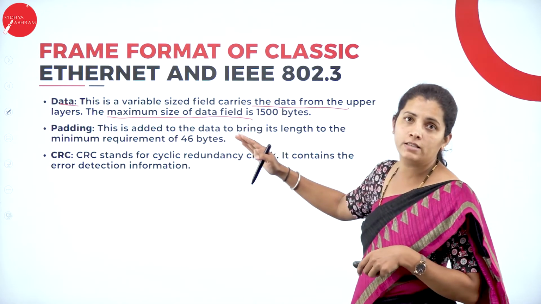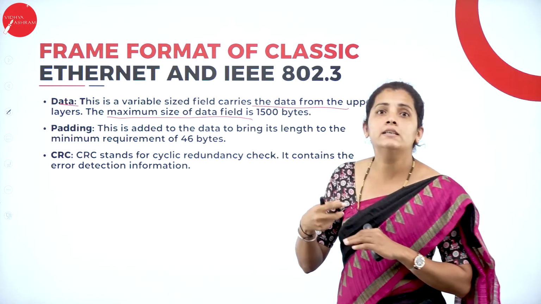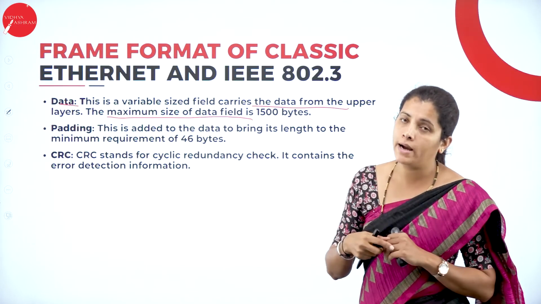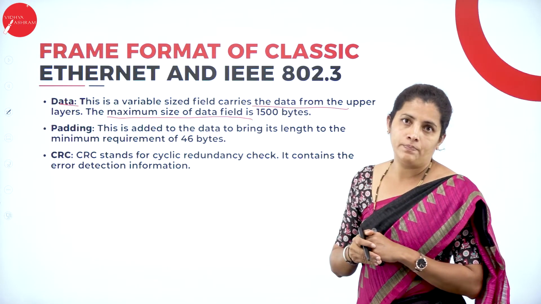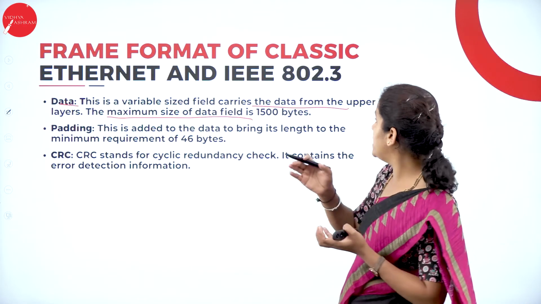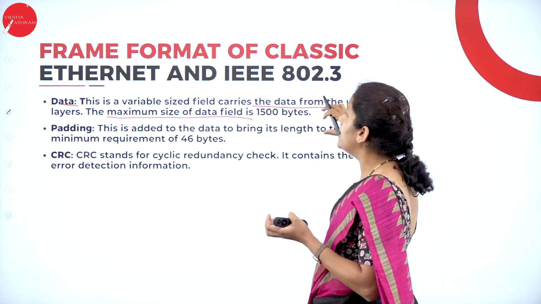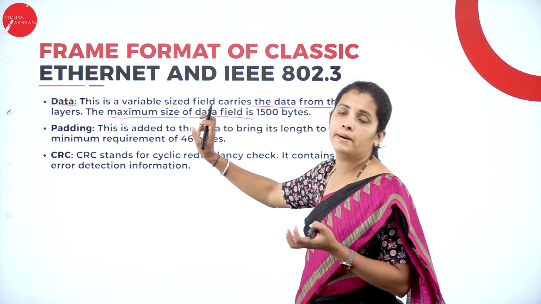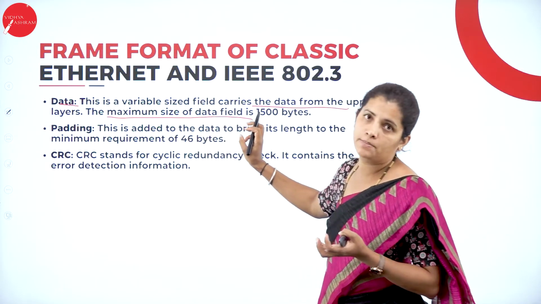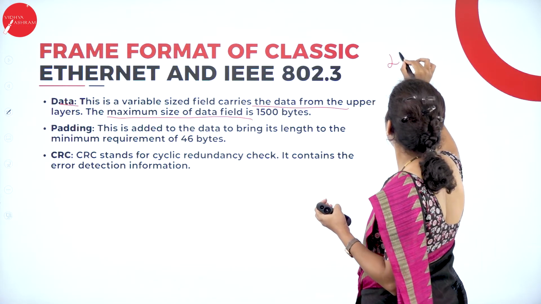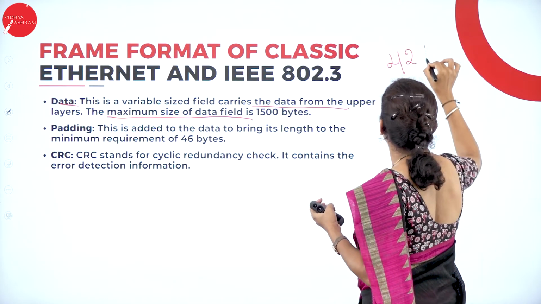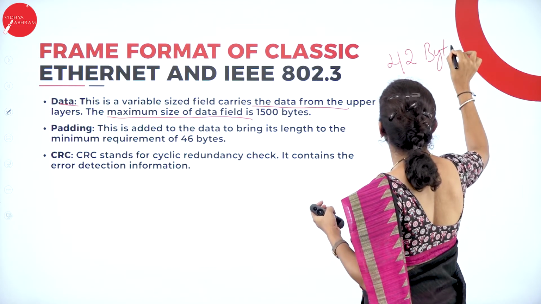So what is padding? Why do we require padding? This is added to the data to bring the length to the minimum requirement of 46 bytes. For example, consider that you have only 42 bytes of data.